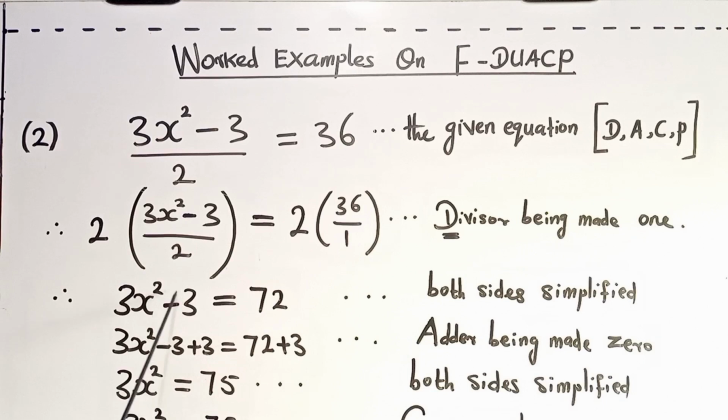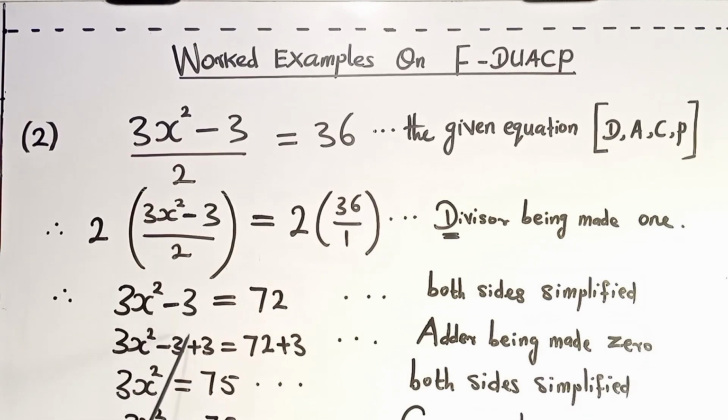The inverse of this minus 3 is this plus 3. It therefore means that this plus 3 is foreign. It is something new which I introduced to achieve my goal. And what's my goal? My goal is to make this minus 3 become 0, so that from being adder that is minus 3, it becomes an adder that is 0.